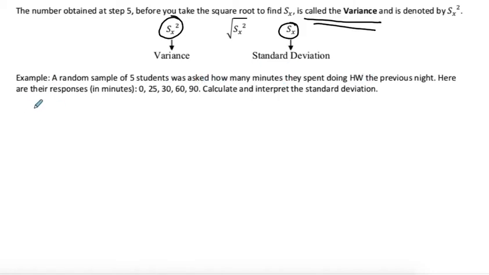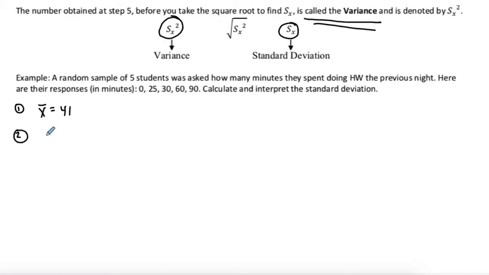So we would first find the average. I'm going to add these all up and divide by 5. So I'm going to take 0 plus 25 plus 30 plus 60 plus 90 and divide by 5, and I get an average of 41. That's my first step.